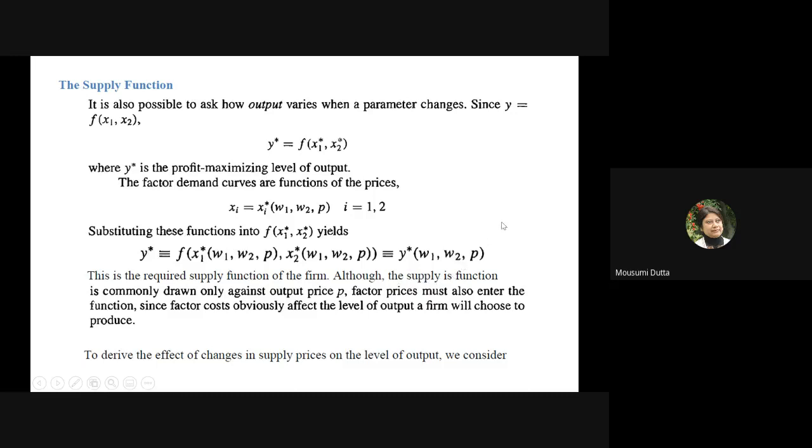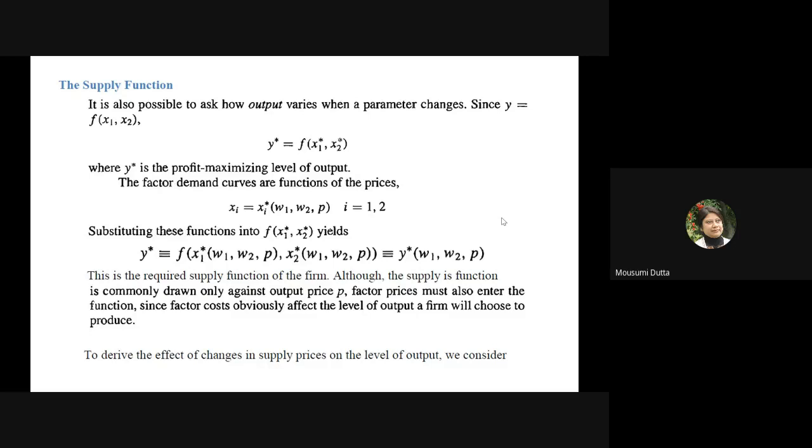Before this, generally, we considered the firm supply function or industry supply function to be a function of P. However, if we broaden our analysis, we can find that it can be a function of W1 and W2 too, because when the firm is producing the output, it is always bearing a cost.